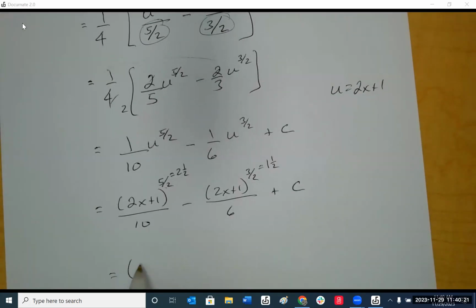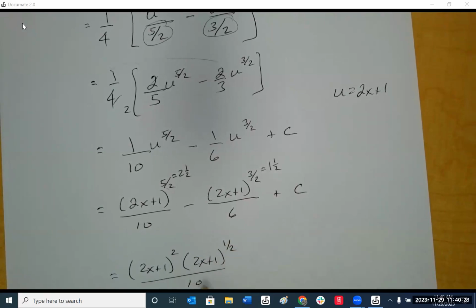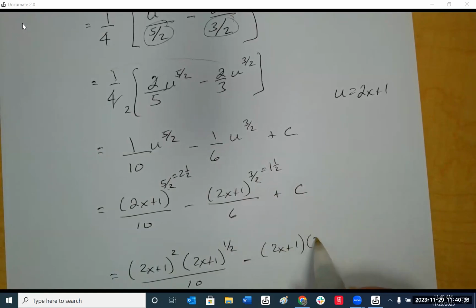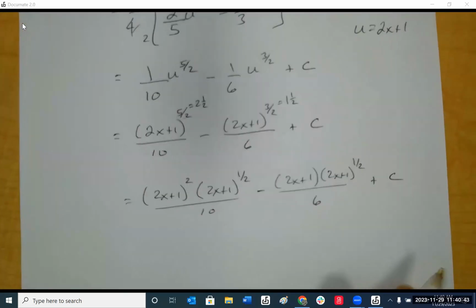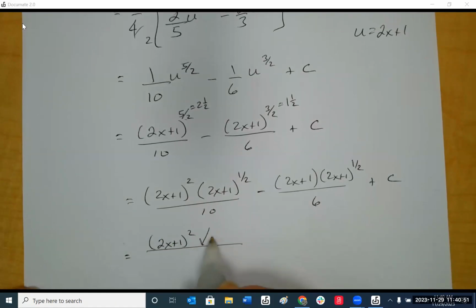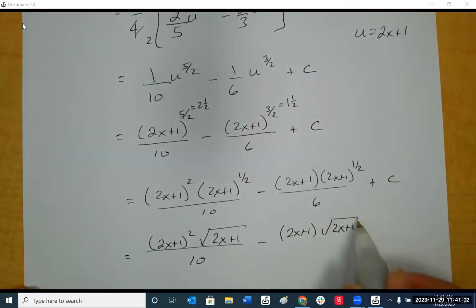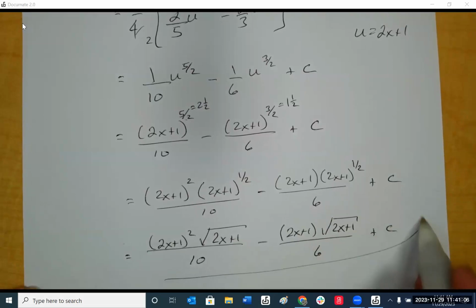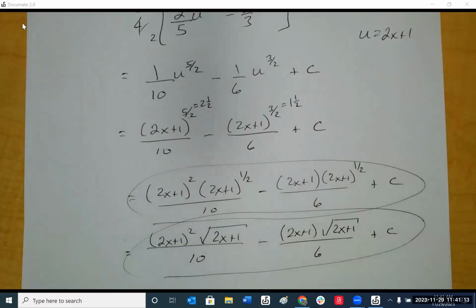So what we would end up with is (2x plus 1) squared times (2x plus 1) to the power 1/2, and then (2x plus 1) times (2x plus 1) to the power 1/2 over 6. Actually, any of these three answers would work.